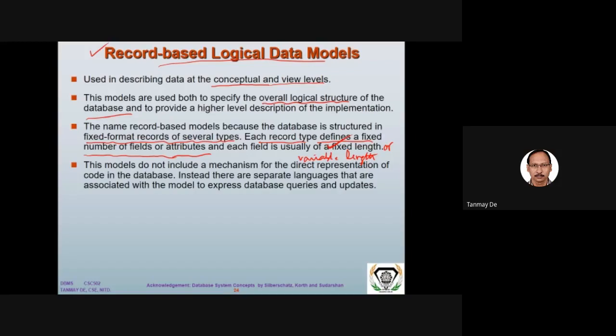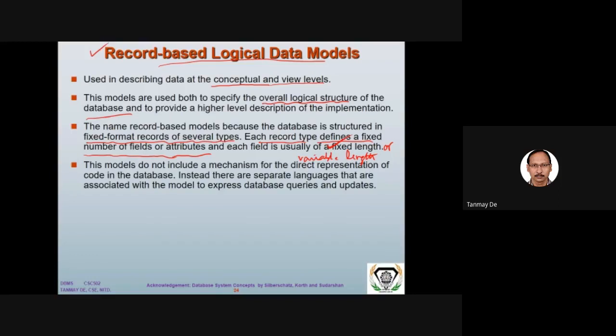If we compare with the object-based logical model, some of the object-based logical models include executable code as an integral part of the data model itself. The code representation is already inbuilt.